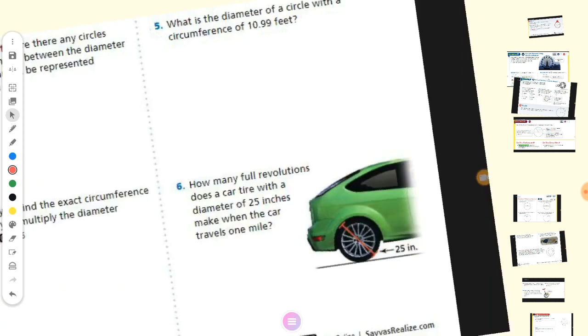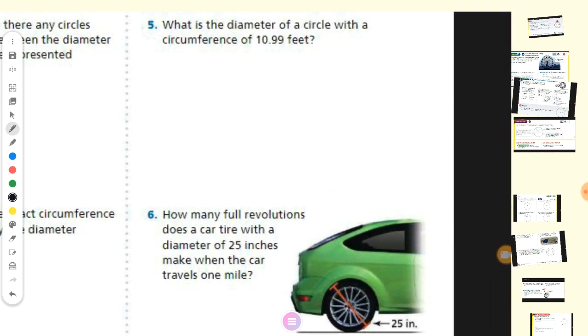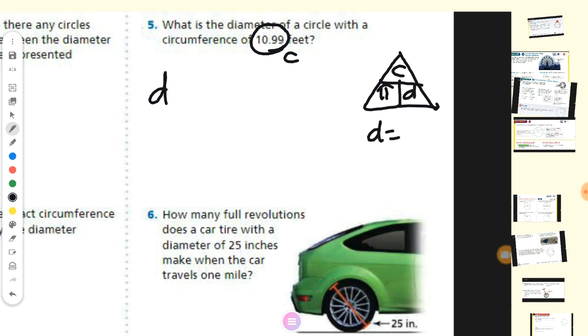Question number 5, a direct equation. What is the diameter of a circle with a circumference of this number? So this is C, and I need D. From the magic triangle, C equals pi times D, so D equals C over pi.